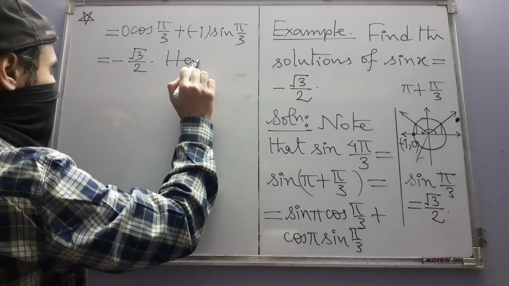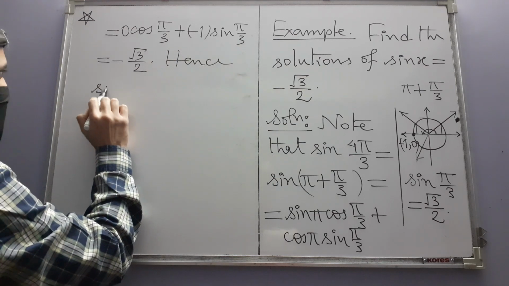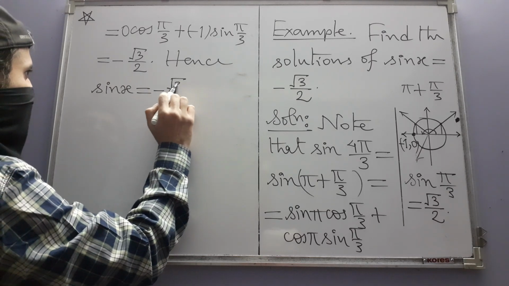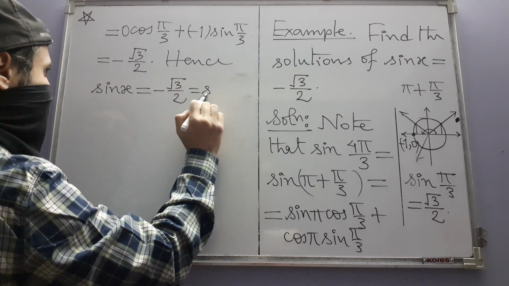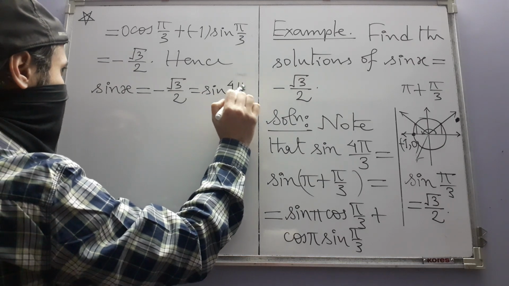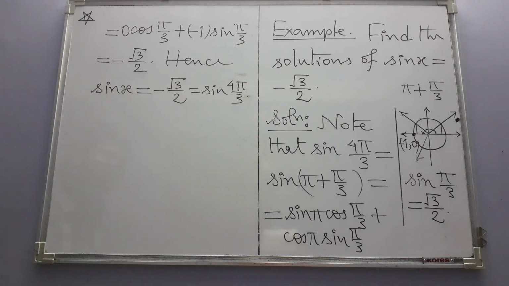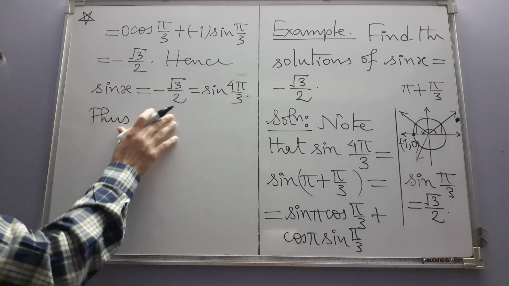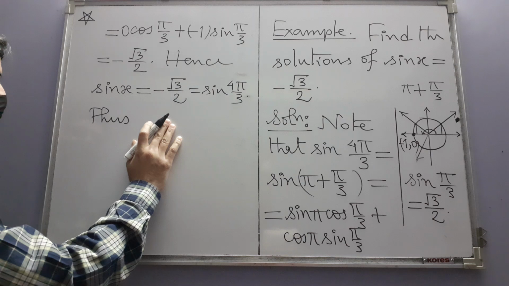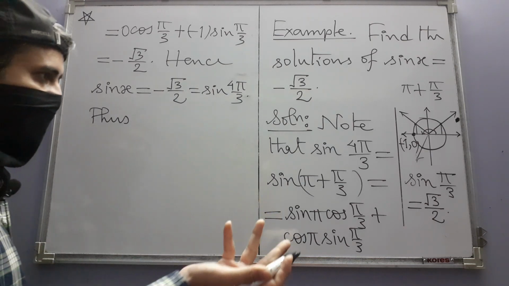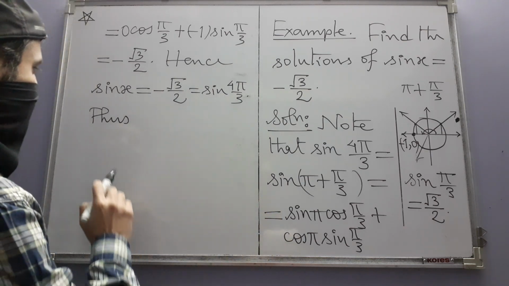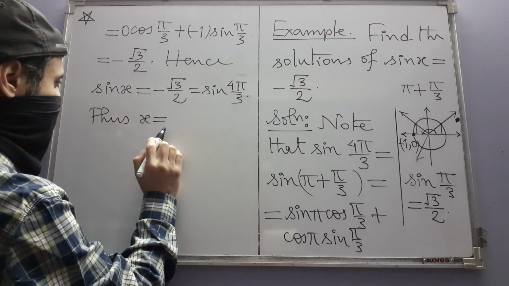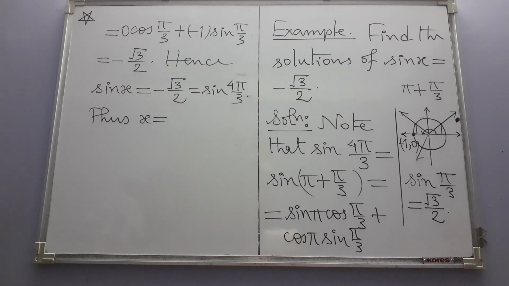Hence, sin x is equal to sin 4 pi divided by 3. Thus, from theorem 1, you cannot of course write theorem 1 here because theorem 1 may mean different things in different books. You simply write thus.